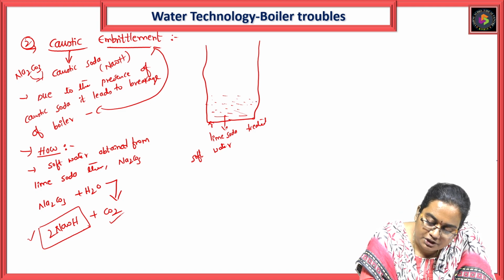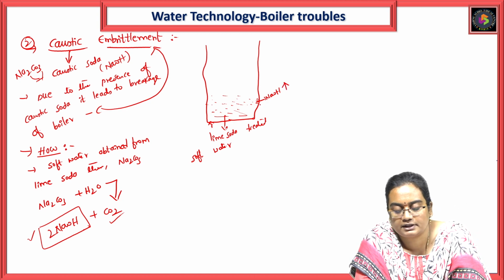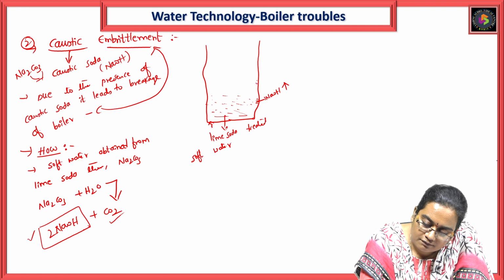Here, at that position, what is happening? The sodium hydroxide gets accumulated more. More concentration of sodium hydroxide will be there, and on the walls of the boiler, less sodium hydroxide will be there.